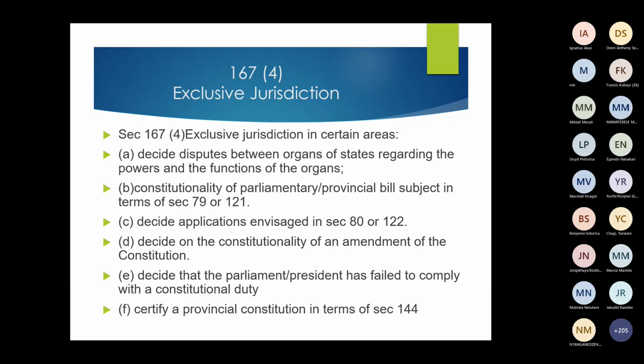So, for example, let's just take the Equality Act and Section 9 of the Constitution. If a client feels that they've been unfairly discriminated against, the recourse would obviously be to first approach the equality courts in terms of the relevant equality legislation, because there are specific remedies provided therefore.